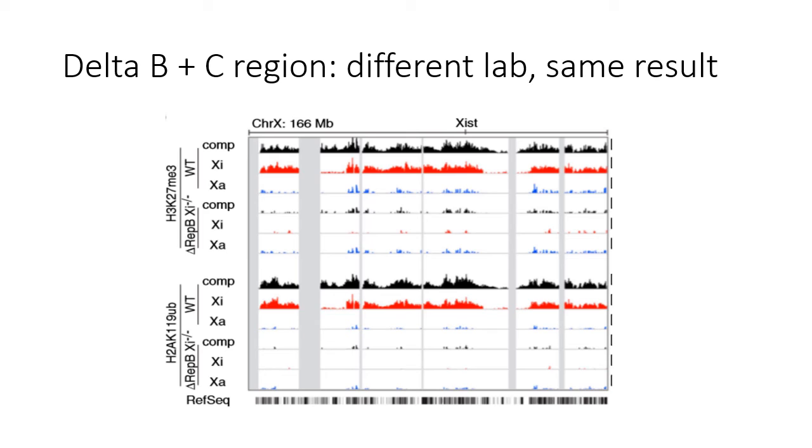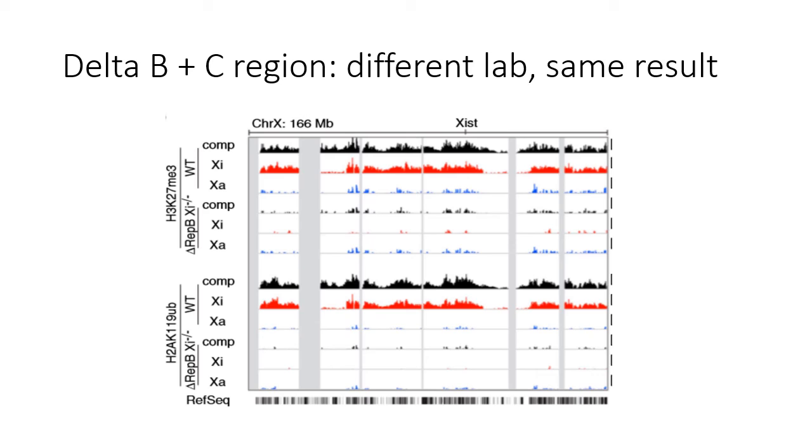Okay, the experimental form, again, is we are deleting region B from this particular version of Xist, and as a result of this, we do not get any precipitation of ubiquitinated histones.